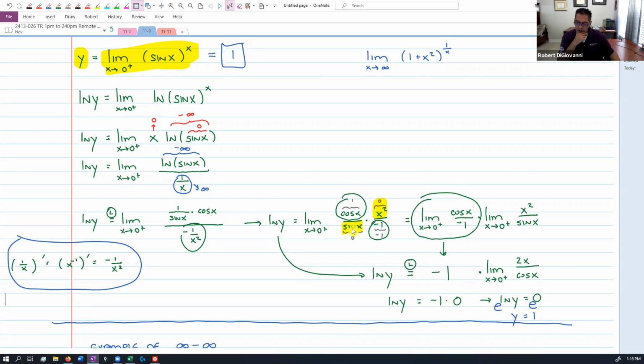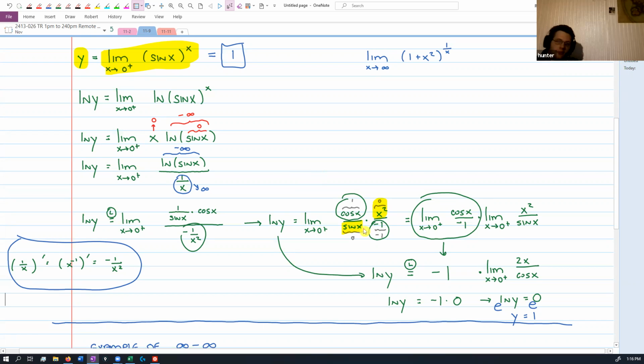I guess you could, but by splitting it, I don't have to take the derivative of the cosine ever. All I'm doing is the derivative of these. So I think it helps with the algebra. I'm not going to say you couldn't do it with cotangent. I'm just saying I think it would be much harder.